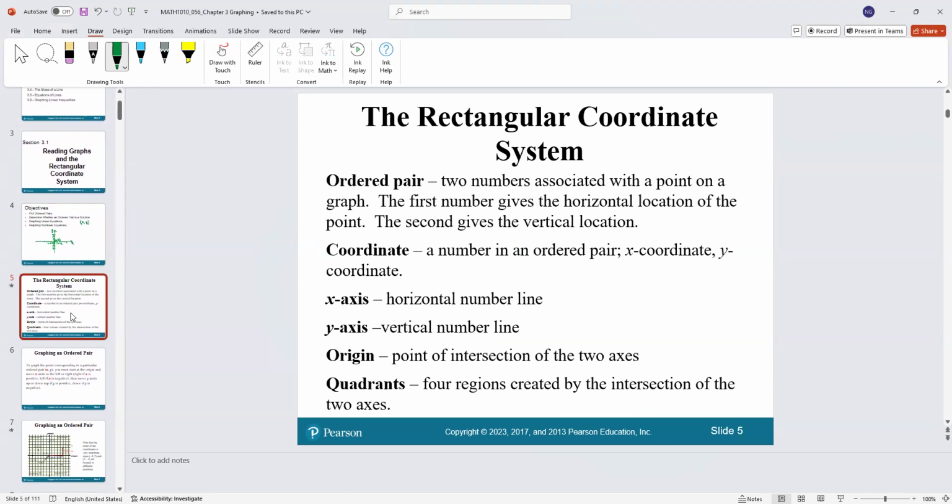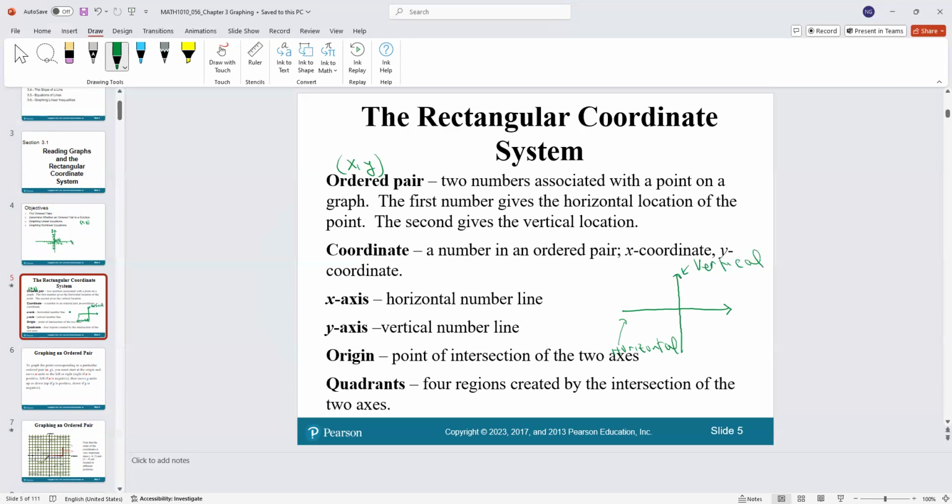Ordered pairs are two numbers associated with a point. The ordered pair is usually x and y, two values in parentheses, not brackets. The first coordinate gives the horizontal location of the point. This line right here is horizontal, and this line here is vertical.